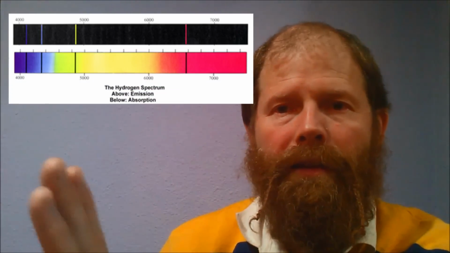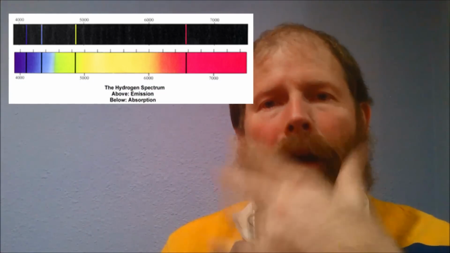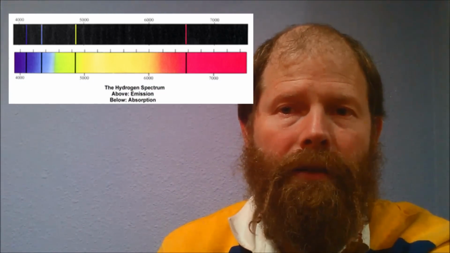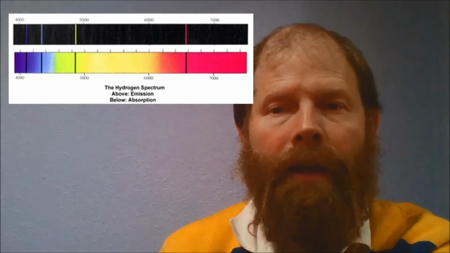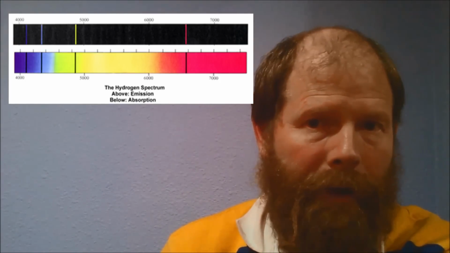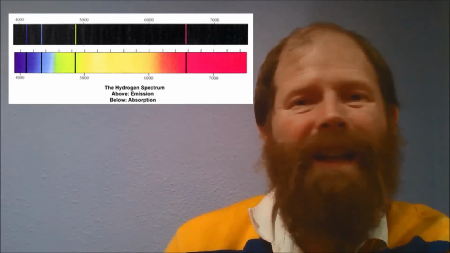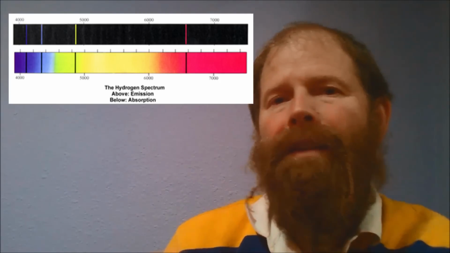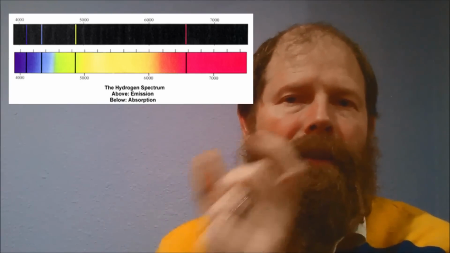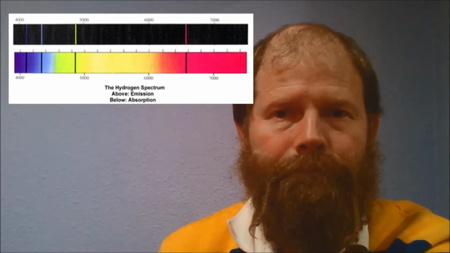So if that happens, we get the other thing that we see here with these dark bands where hydrogen has absorbed the light, okay, and all the rest of the light made it through because hydrogen was unable to absorb it because there wasn't an energy gap that matched that amount of energy.